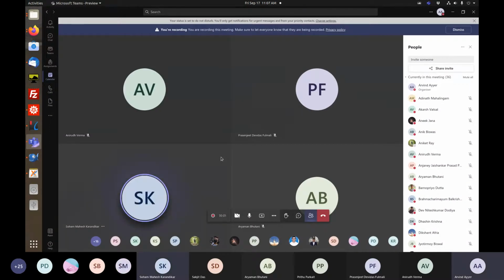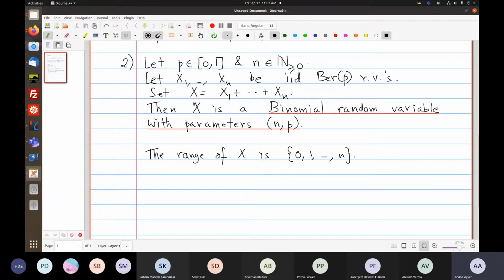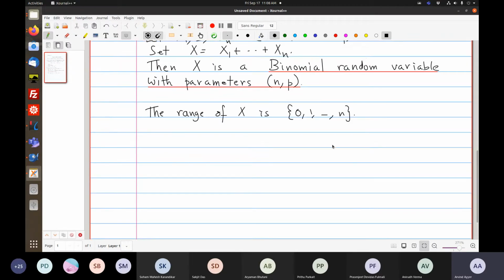Yes, any integer value from 0 to n, because each of these Xi's is 0 or 1. You can get 0 if all of these are 0, and you can get n if all of these are 1. And for any integer i in between, you can get it if the first i are 1s and the last n minus i are 0s, for example. So this is a discrete random variable.